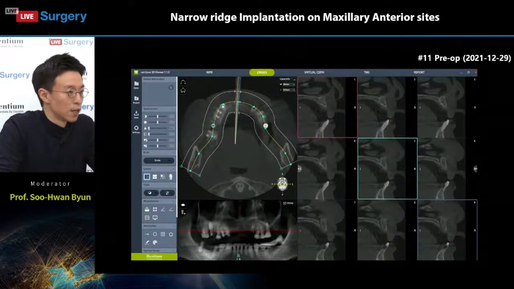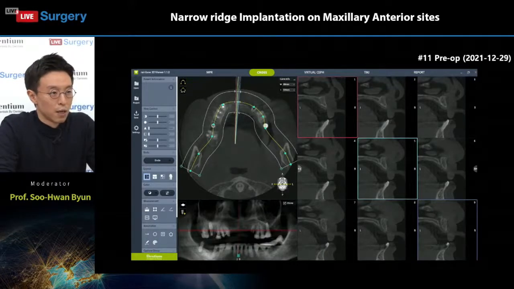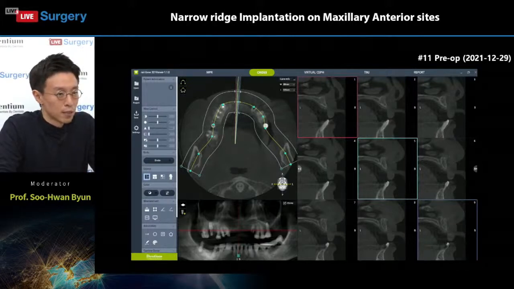Let's check the preoperative CT images. There is a concave and narrow ridge at the right upper incisor area. Since the labial bone shows severe bone resorption, we are preparing bone grafting, bone augmentation in this area.